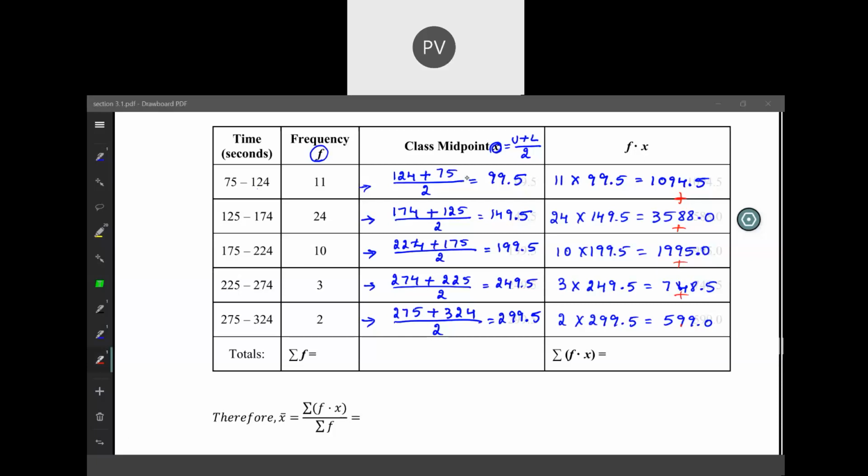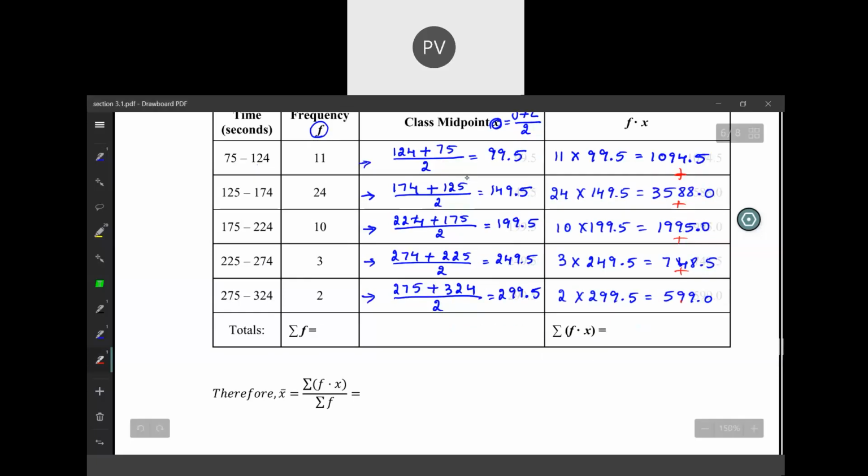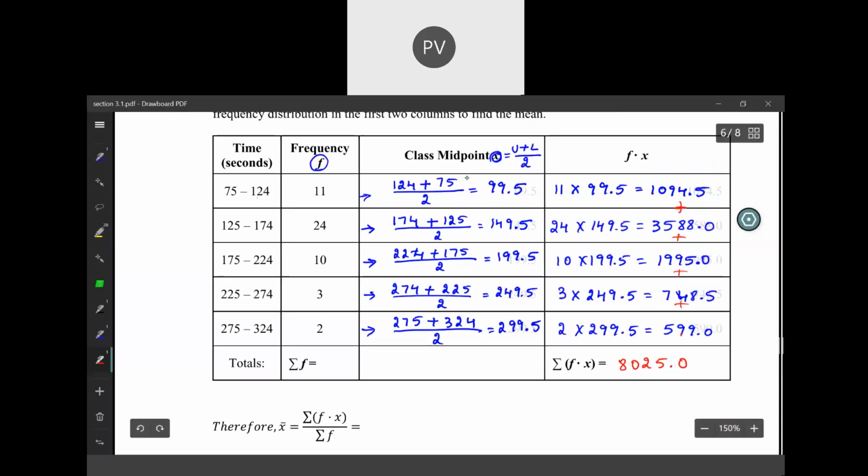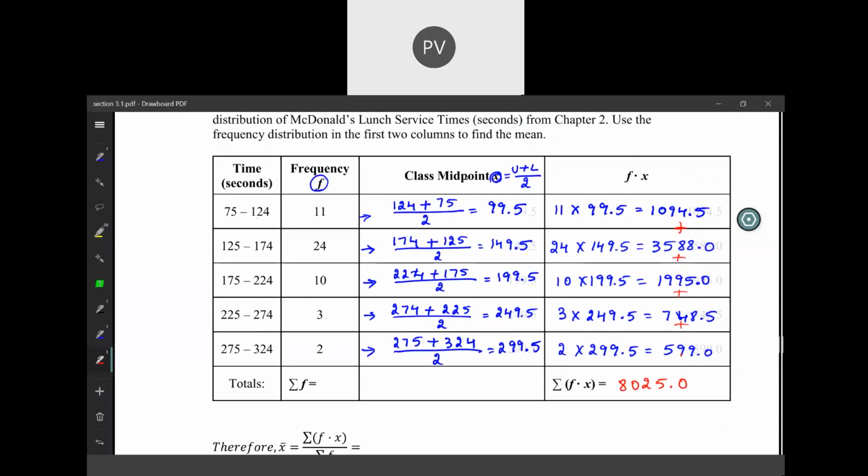If you add all these numbers, you must get the answer as 8025. Okay, do this in the calculator right now and verify the answers. You have to do this along with me with the help of a calculator.